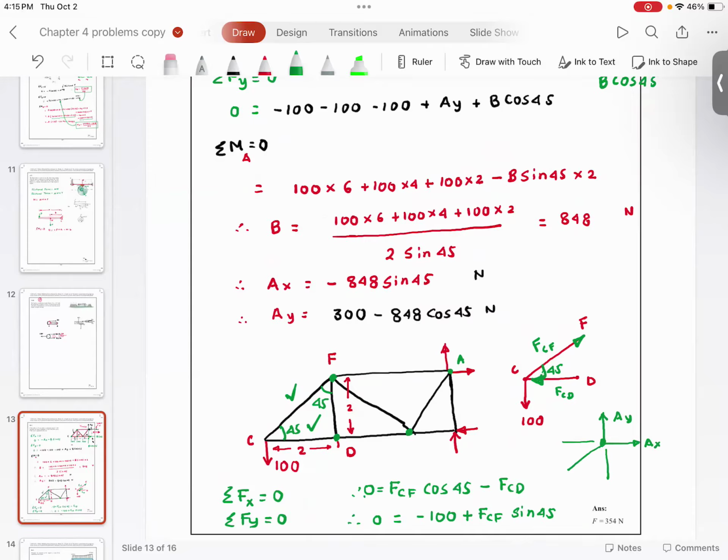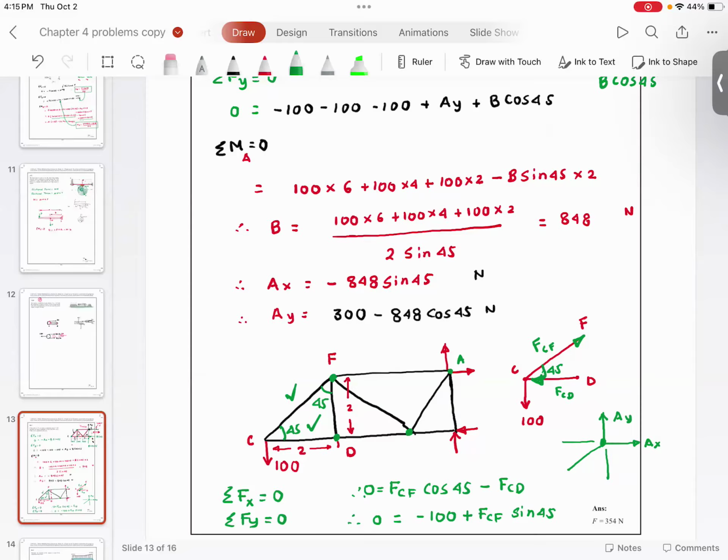Remember, method of joints only deals with forces. So I should not try to attempt to solve AY because there are 3 unknowns: force in this member, force in this member, and force in this member. So I should not attempt to solve this joint, but I can definitely try to solve this joint. You agree with me? Joint B has one horizontal member that will cancel out the horizontal force, and then we have one vertical member that cancels out the vertical force.